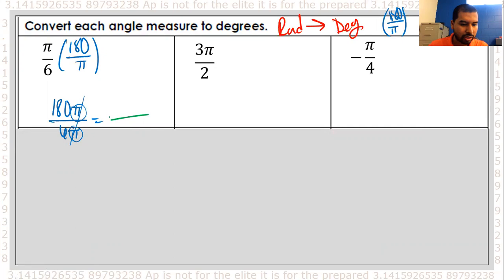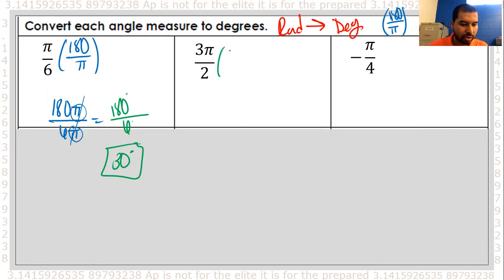So this right here, 180 divided by 6, should give me 30 degrees. Because we got rid of the radians, all we're left with is degrees. I know a lot of students want to cancel those things out. Keep in mind, those are the units. We cannot do that because they're not the exact same unit. Okay, let's go ahead and pause the video and give these two a try.